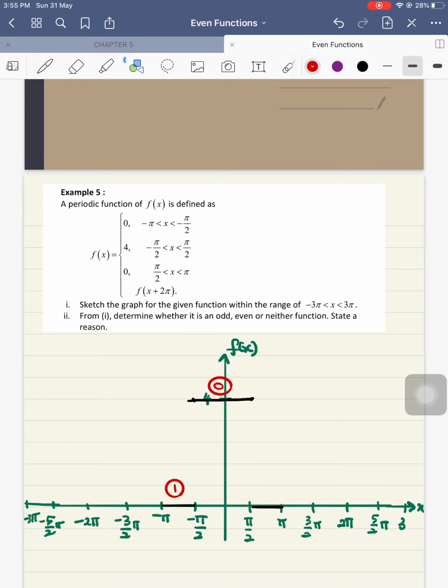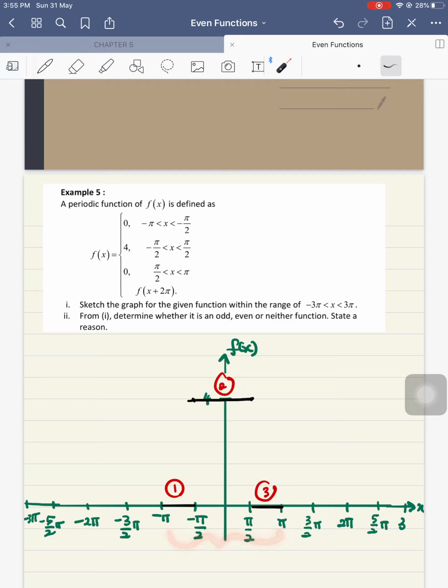Your second function, this is your second function, and this is your third function. Okay, so now the graph will repeat itself after a period of 2L. So in this case, after a period of 2L, so after here.